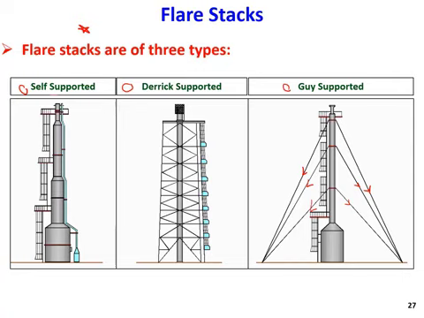So we call it guy supported, and they use it usually for telecommunication antenna that you might have seen even in Qatar. We have this kind of antenna that we have to keep stagnant. This type of support can also be used for flares.